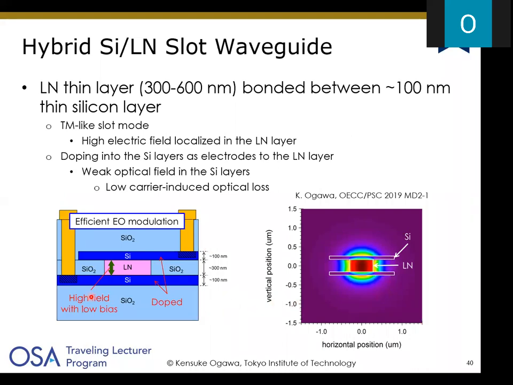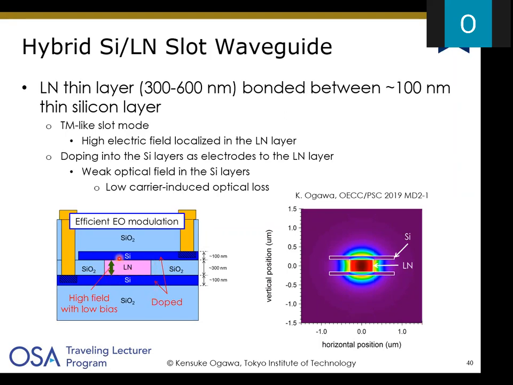If we look at this cross-section, you see the lithium niobate in the middle of the waveguide core, a thin lithium niobate, in this case 300 nanometers thick and 500 nanometers in width.